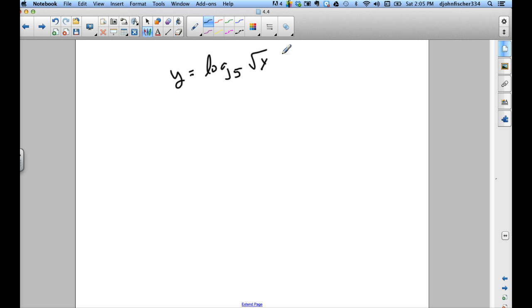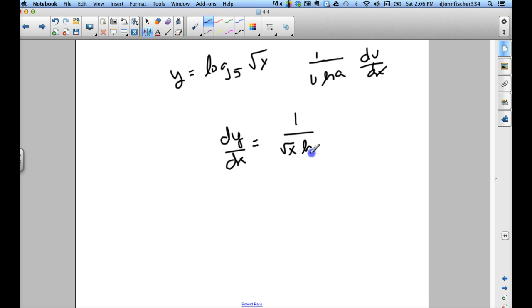Now, if we remember the log rule, when we broke it down, it is 1 over u natural log of a, times du over dx. So on here we're going to get 1 over the square root of x, so dy/dx is equal to 1 over the square root of x natural log of 5 times the derivative of this.